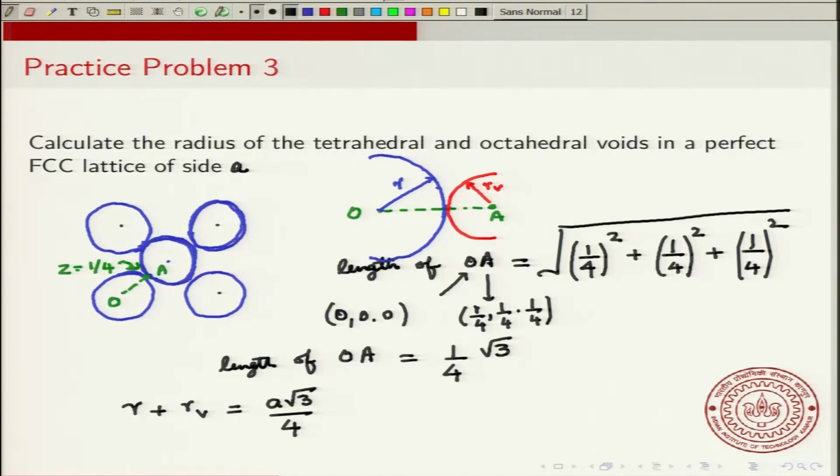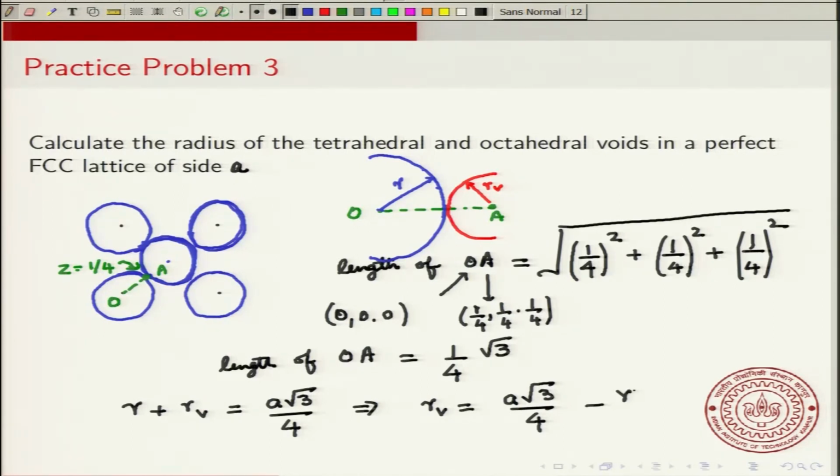And so this implies that the radius of the void is equal to A root 3 by 4 minus the radius of the atom.